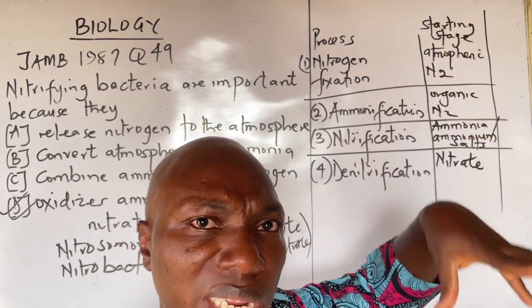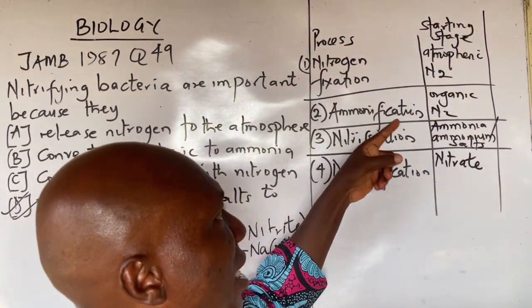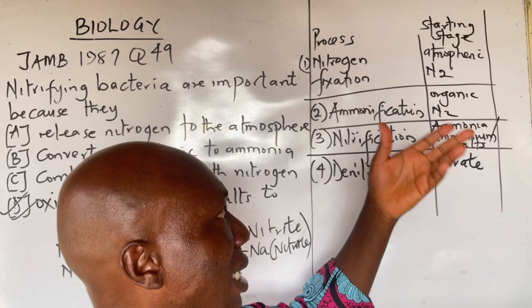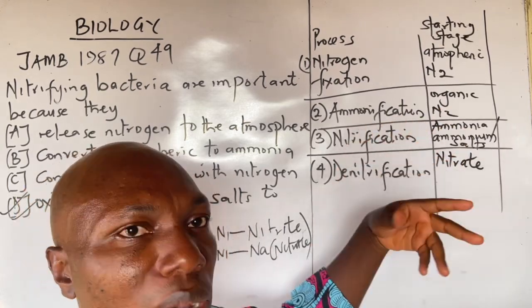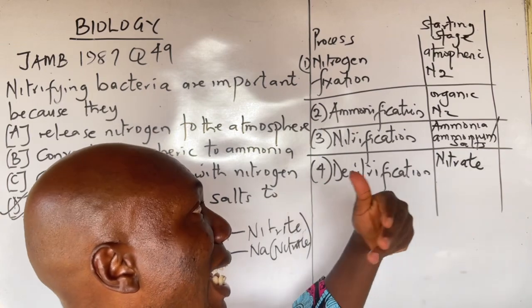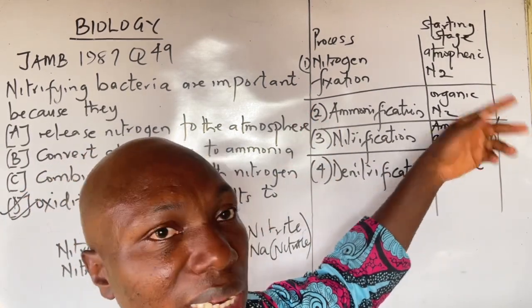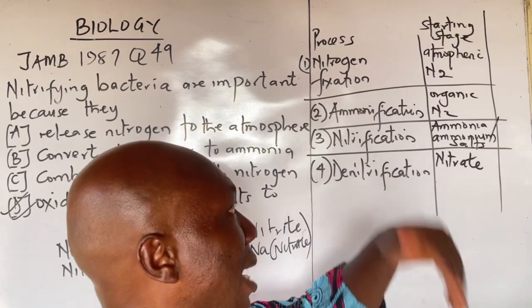It helps in returning nitrogen back to the soil. We also have ammonification. When you have urine of animals, they help in fixing what we call organic nitrogen back to the soil.